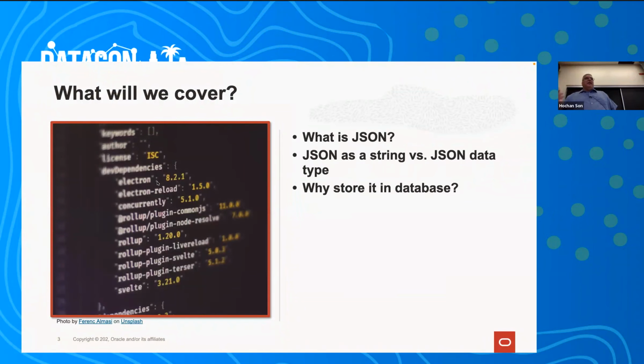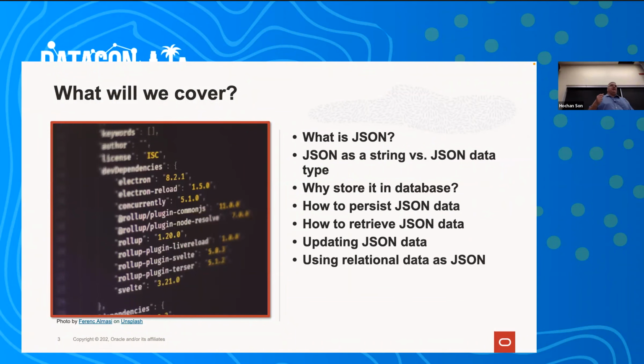So what are we going to cover today? We're going to talk about what is JSON. We're going to give a definition of what it is and talk about the syntax. We're going to talk about storing JSON as a string data type as compared to storing JSON as a JSON data type. We're going to give some examples of why you would want to store JSON in a database. We're going to talk about how you persist JSON, how you retrieve JSON, how you update JSON in a MySQL database.